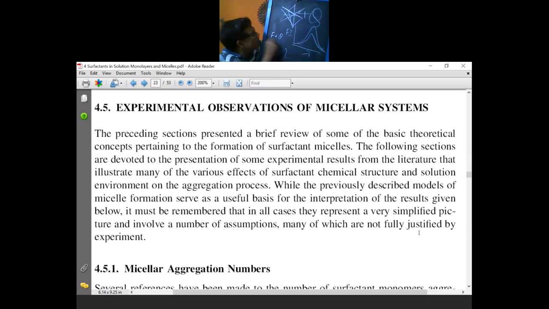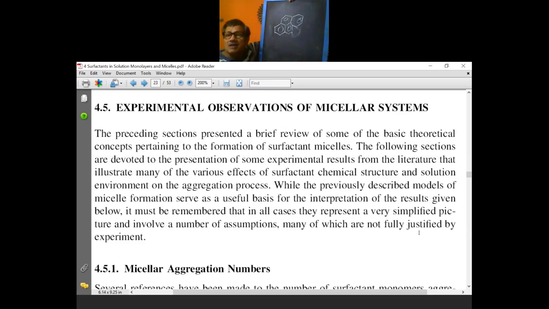Now, if I perform this quenching phenomenon in presence of micelle, if you could recollect, we have used pyrene as a fluorescent probe.